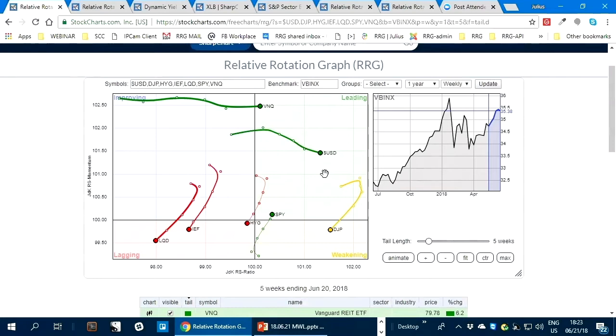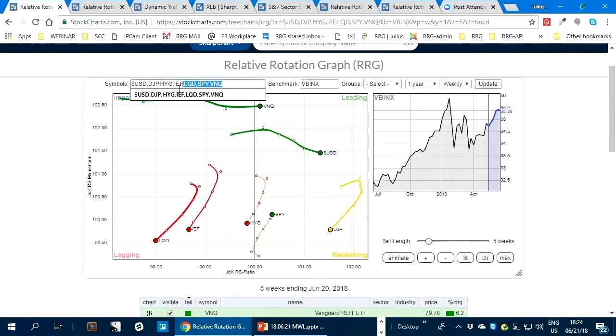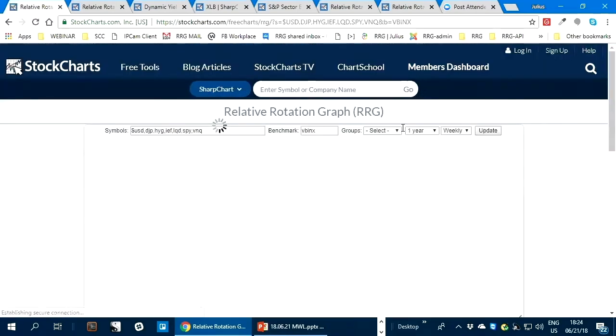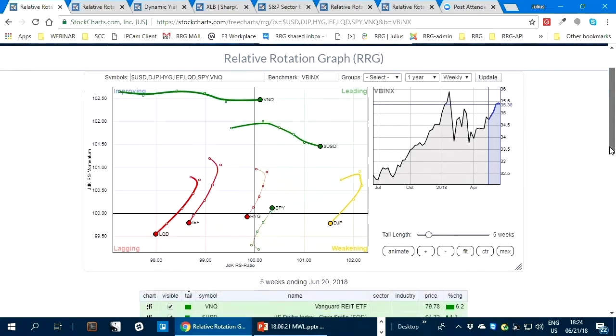This asset allocation RRG is the first result of that, so to say. While we're at it, I can show you in the drop-down box that the asset allocation group is now there, so you don't have to type in all these symbols yourself and save it as a permalink. You can just go to the groups and click asset allocation, and the RRG will be populated by the various asset classes that we have there.